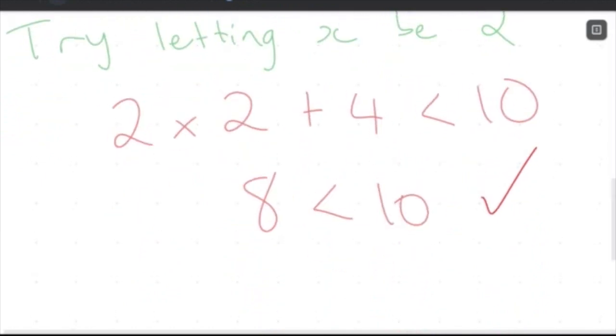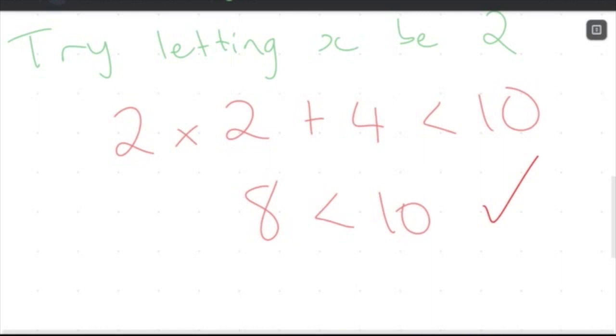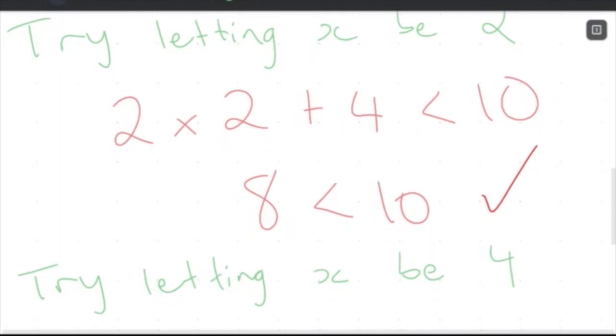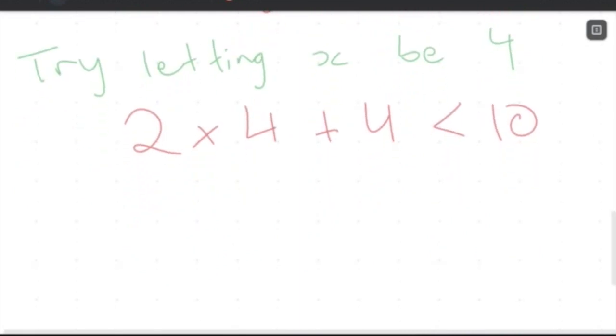I'm going to try letting x be 4, and check if my inequality still stands. So 2 times, in place of the x, I'm going to put 4, plus 4 is less than 10. So 2 times 4 gives me 8, plus 4 gives me 12.